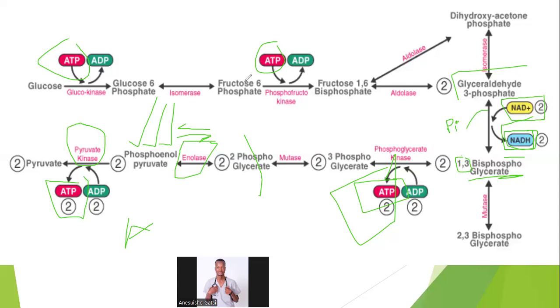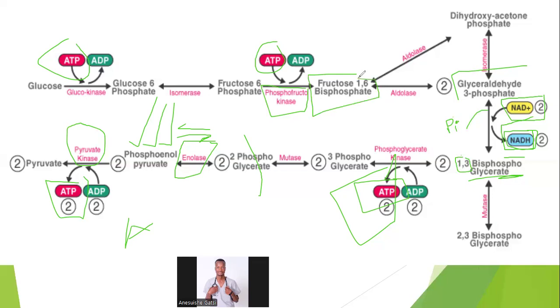Now, because we want to form two identical 3-carbon moieties, we need another phosphate molecule. So we're going to get another kinase, which is called fructokinase. That is now going to phosphorylate on the first carbon moiety. Then we get fructose 1,6-bisphosphate.